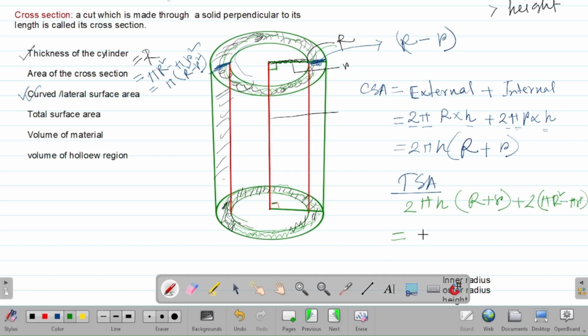Therefore, we get 2 pi as common, and the result would be capital R into h plus small r into h plus capital R square minus small r square.